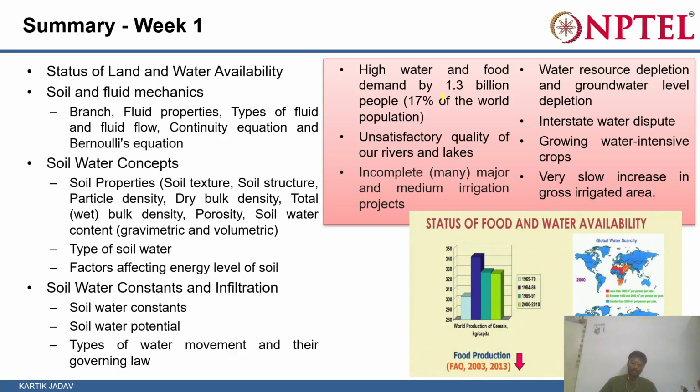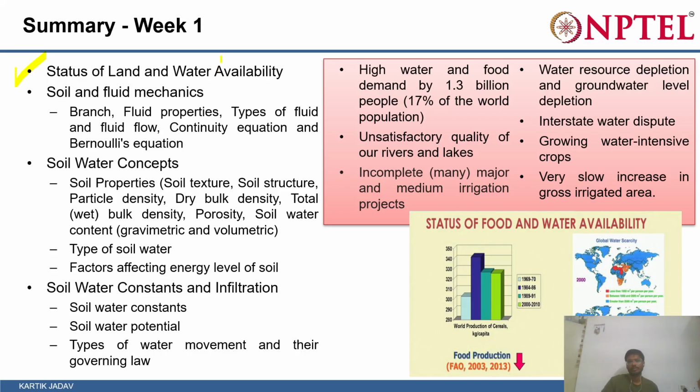So with this reduction in per capita availability, we still have fixed natural resources like air, land, and water, right? The per capita availability of these resources is depleting day by day.